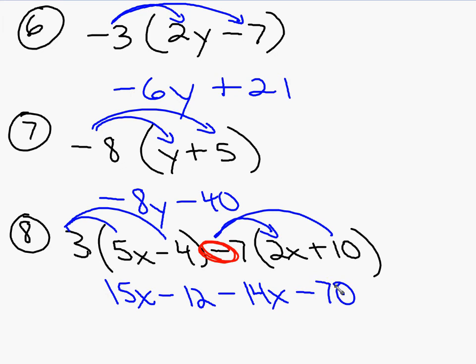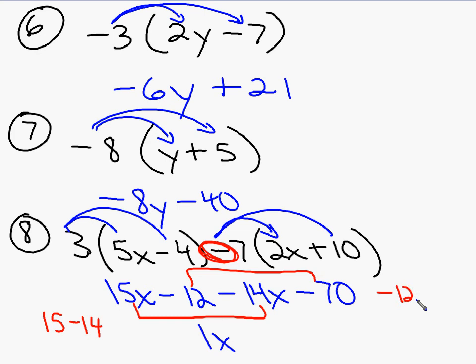This problem is not done because now I can combine like terms. See, we're building on the concepts we've already learned. So I have 15x minus 14x. That's like 15 minus 14, which is what? 1x. So I'll have 1x, and then I have negative 12 combined with negative 70.